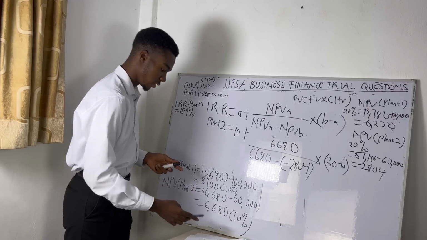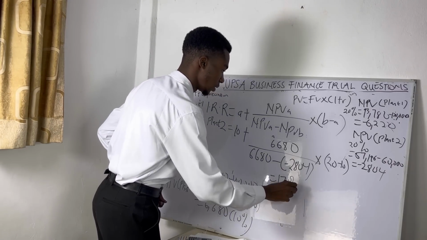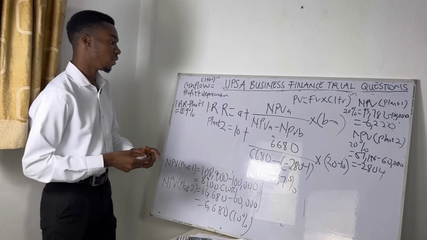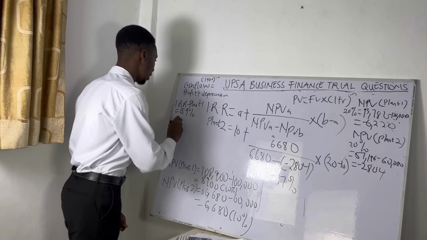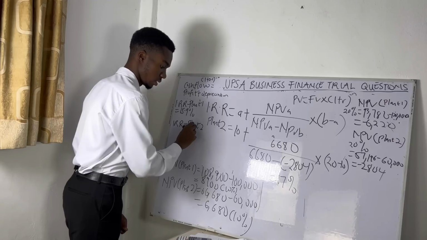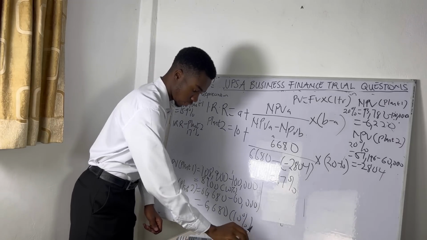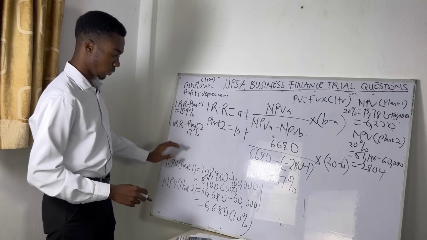So you are getting 17.04. So let me just do 17%. The IRR for plant 2 is 17%. So we are done with the C, the IRR, for plant 1 and plant 2.